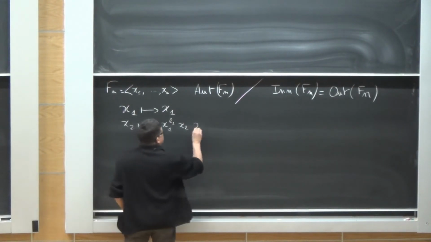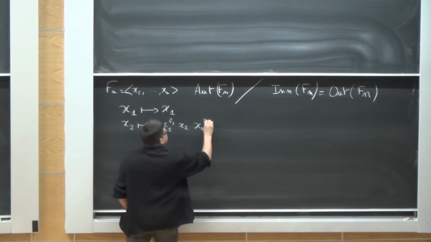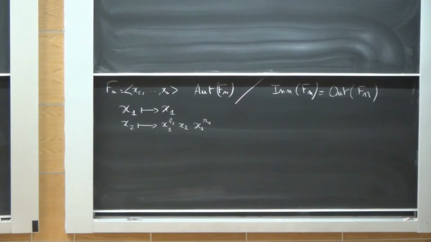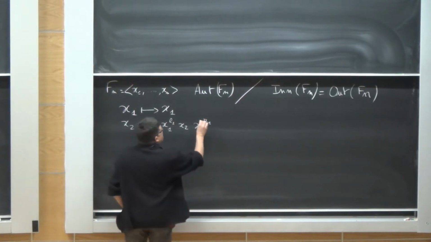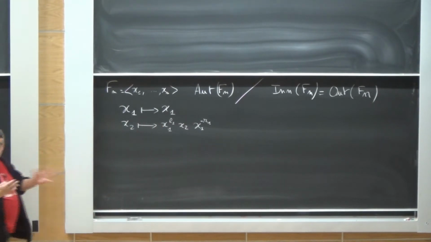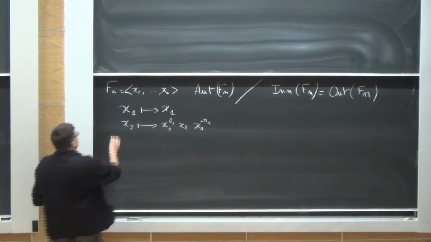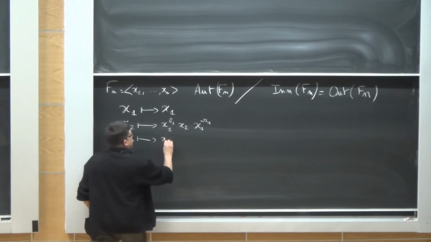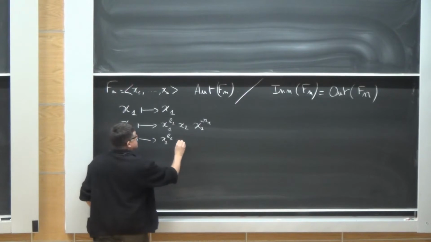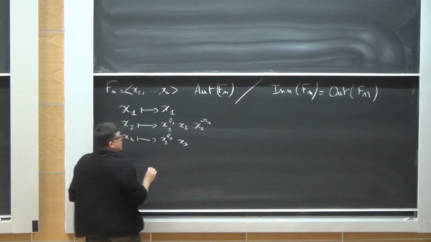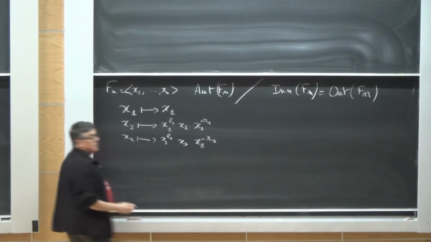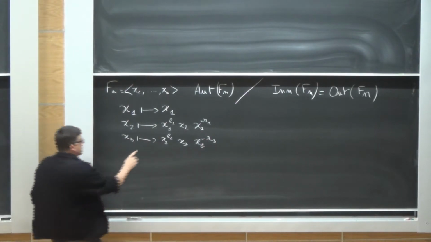You can also multiply by a power of x1 on the right, or left, right. Okay? Maybe with a minus just for some consistency. x3, you can send it to x1 to the L2, x3, and multiply by x1 to the minus R3. Sorry.